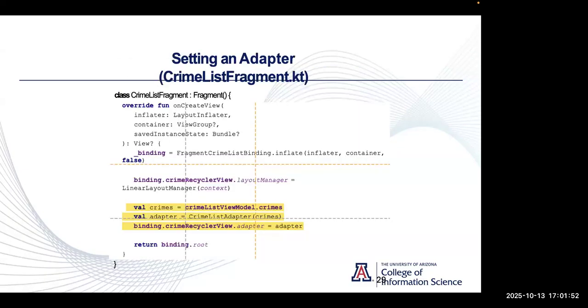Okay. So then setting an adapter to do this, going inside of the list fragment, we have the value of the model, so in this case crimes, for us it would be glucoses. We have the value of the adapter, calling in the ListAdapter, the GlucoseListAdapter class in our case, calling the crimes, and then doing the RecyclerView adapter, and we just set that equal to adapter.